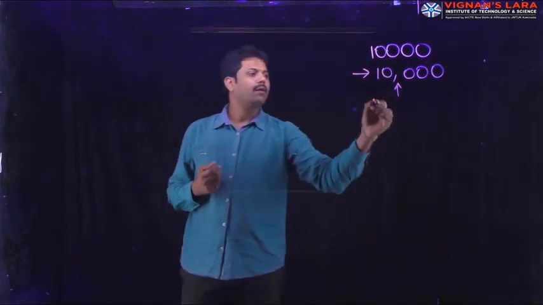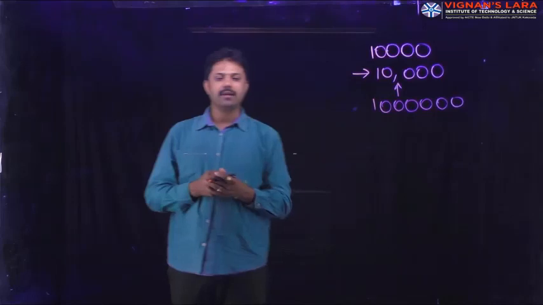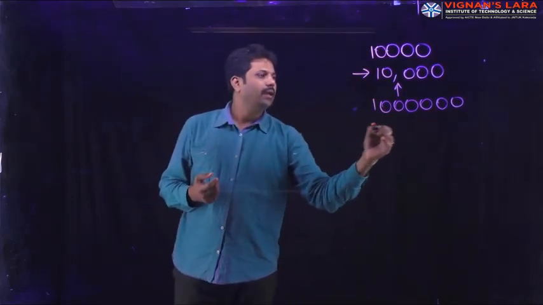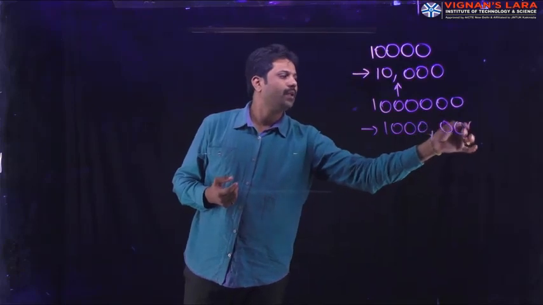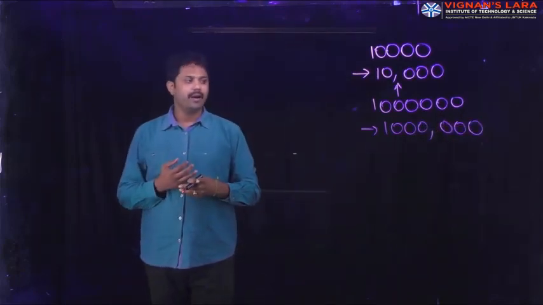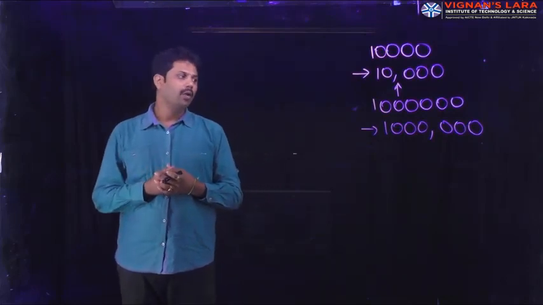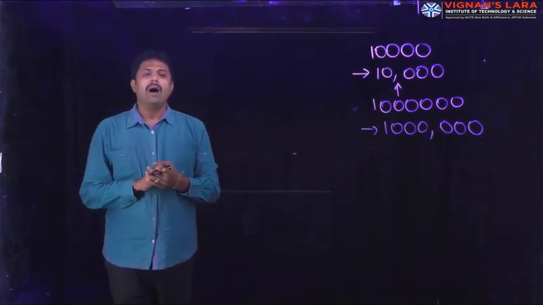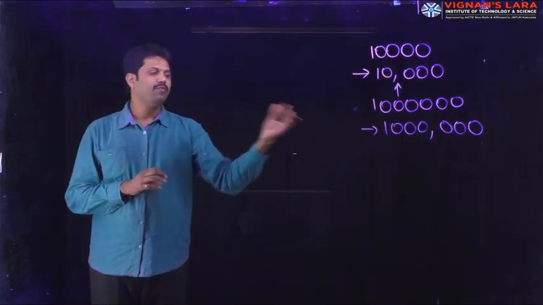If you take input like this, you place a comma here. So this is the American standard notation to represent numerical values. We all know this. Now, Python has a simple code to represent this format.